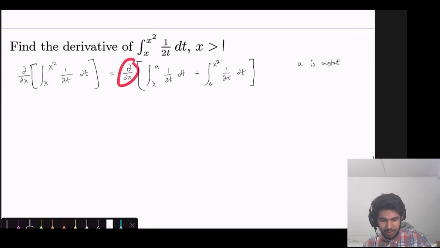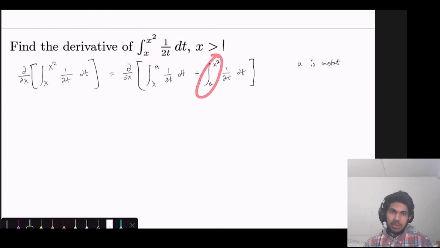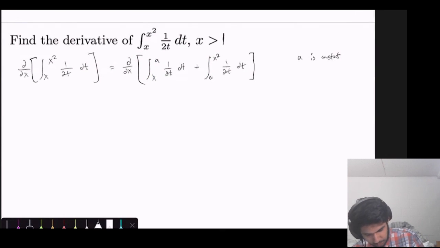This derivative can distribute into each of these, and we're able to compute this one quite easily because we have a function at the top and a constant at the bottom. But in this one we have a constant at the top and a function at the bottom, so we can swap those two limits.